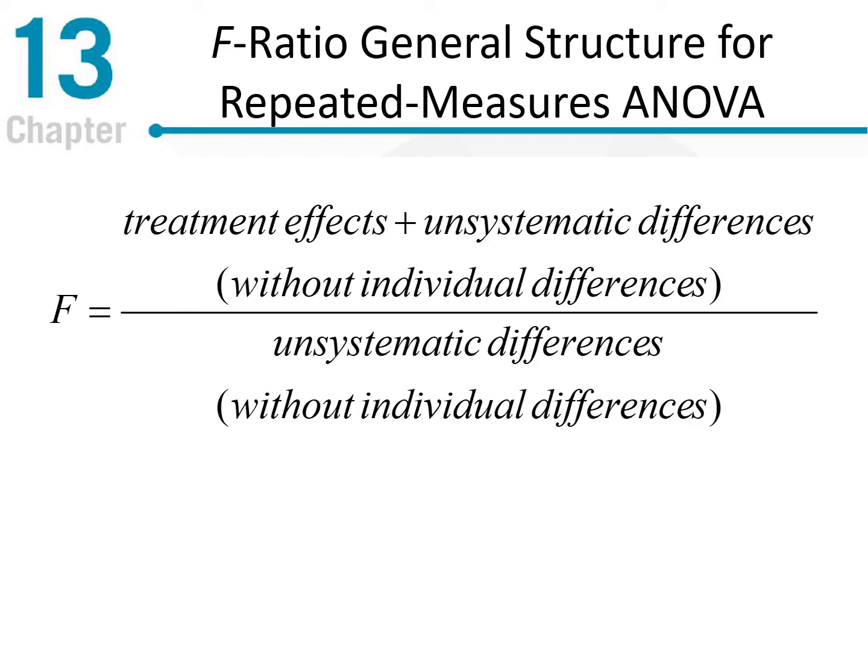So basically your F ratio now is going to be the treatment effects in the numerator. Obviously there are no individual differences there because they're the same people. And then in the denominator, you're going to have to subtract the individual differences out. The reason is that for the numerator, you have clear differences between the conditions that they're in, without any individual differences that would confound looking at the difference between the different treatment levels.